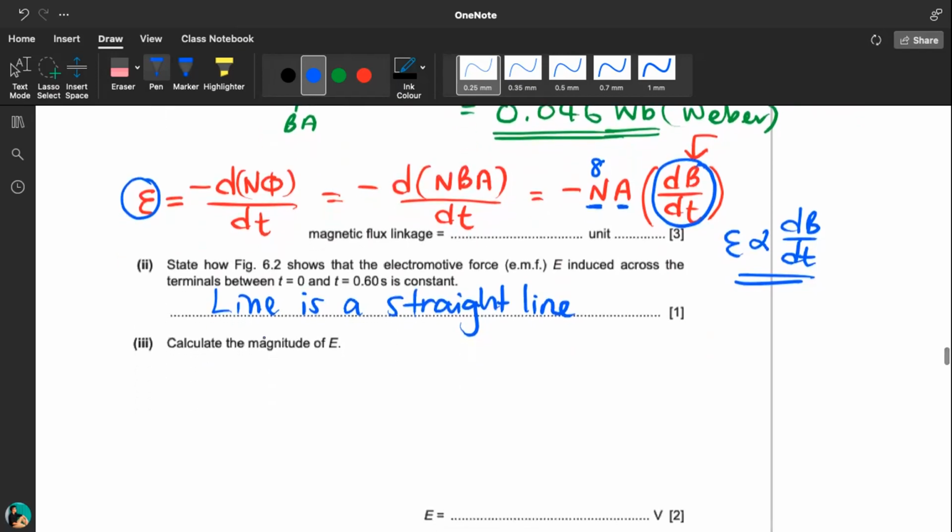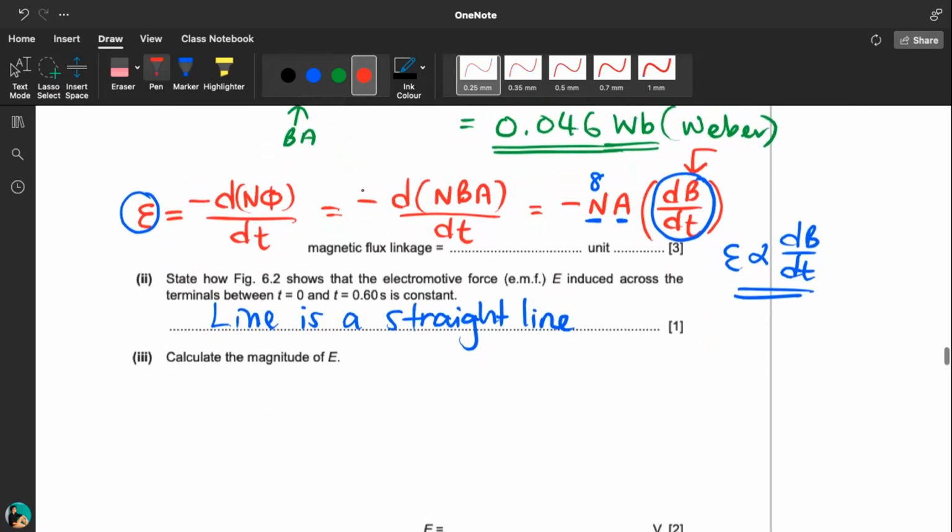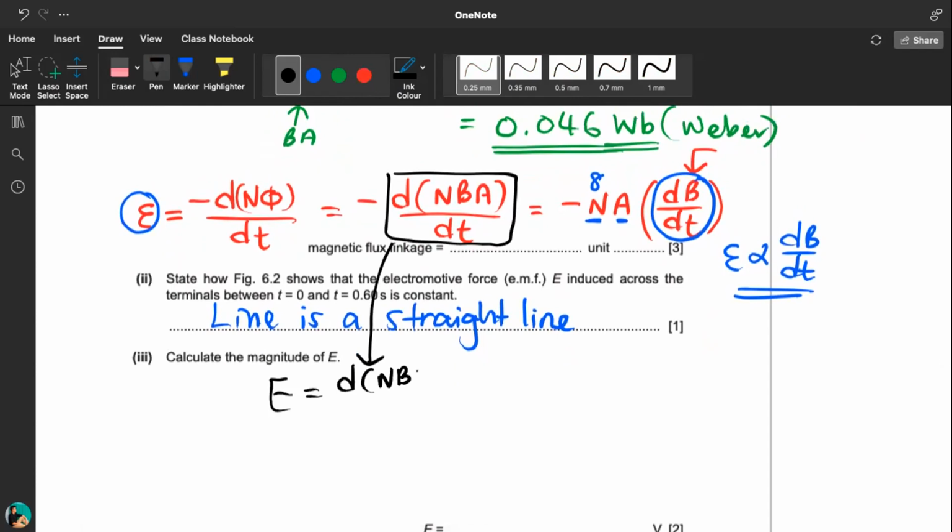Calculate the magnitude of E. Now find the magnitude. We can start from here. E, the minus sign is just showing direction. Since I want the magnitude, it doesn't really matter. I can just do d(NBA) over dt. Do I have d(NBA), the change of the flux linkage?